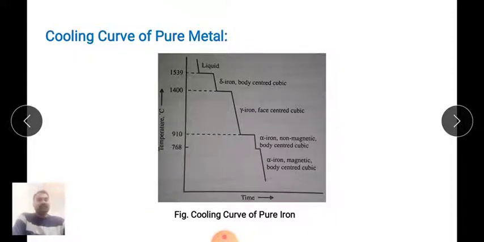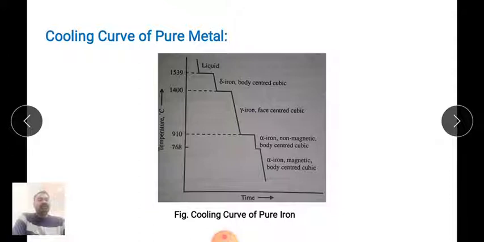At 1539 degrees Celsius or above that temperature, whatever steel or iron is present is in liquid phase. So liquid to solid conversion starts at 1539 degrees Celsius. That's why in between 1539 and 1400 degrees Celsius we have observed delta iron, which is in body centered cubic structure that we have already studied.